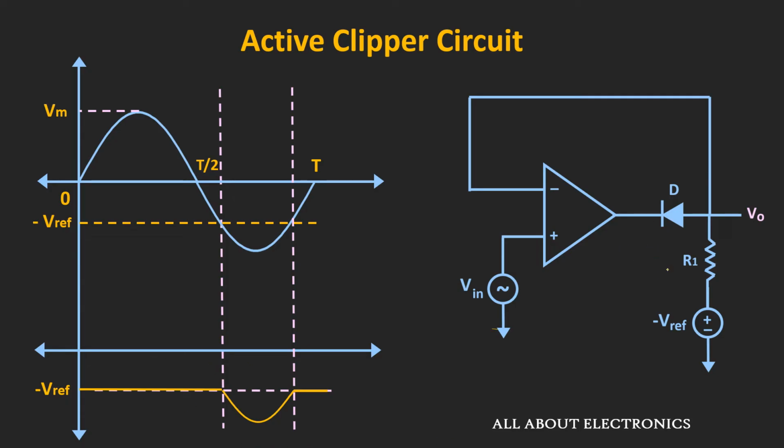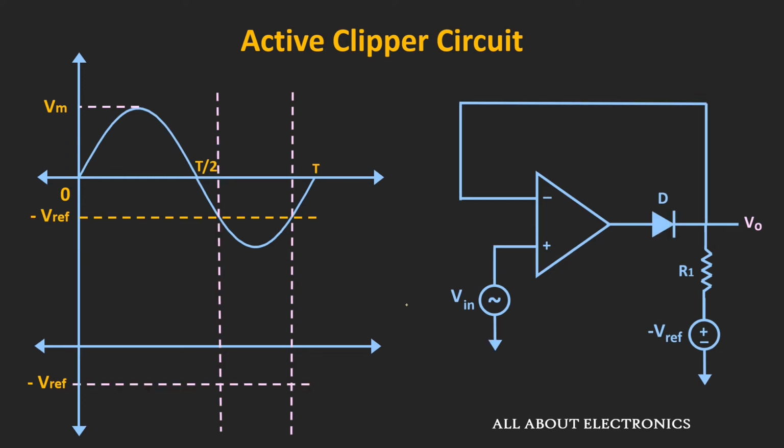Now let's see what happens when we reverse the direction of this diode. So in this circuit, the input voltage is the sinusoidal signal and the reference voltage is equal to minus V reference. So starting from 0 up to this point, the input voltage Vin is greater than the minus V reference. Or we can say that during this period, the voltage V plus is greater than V minus.